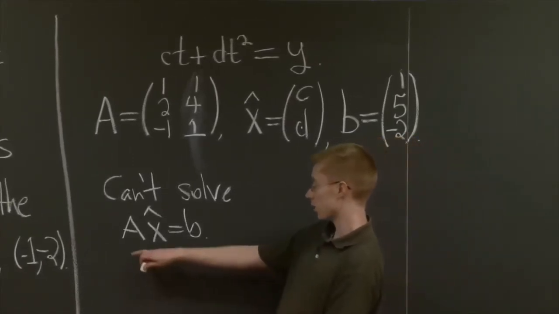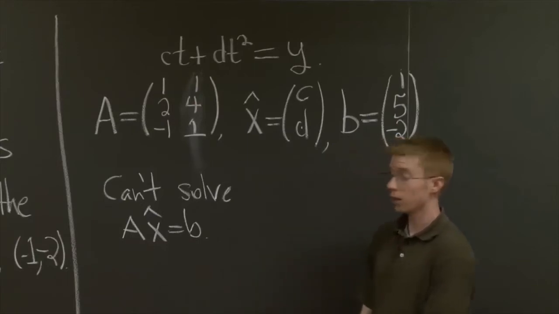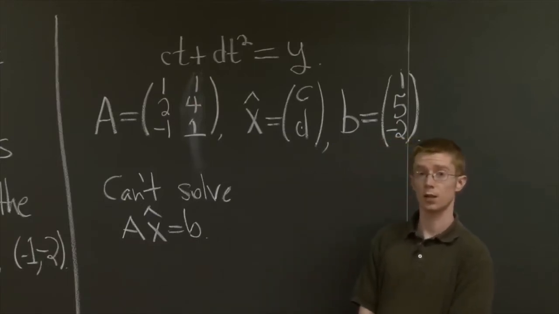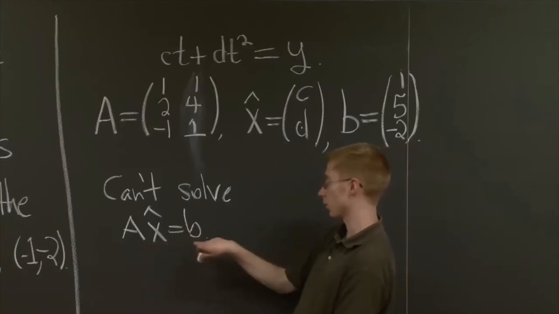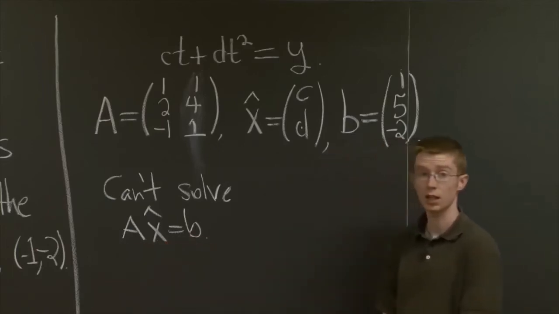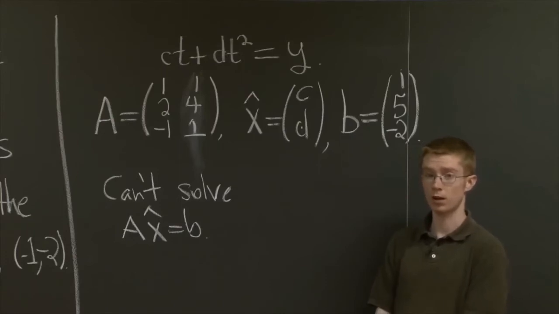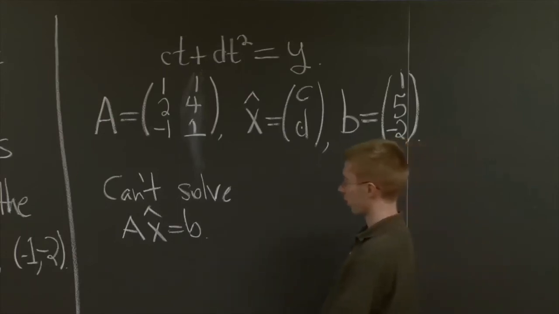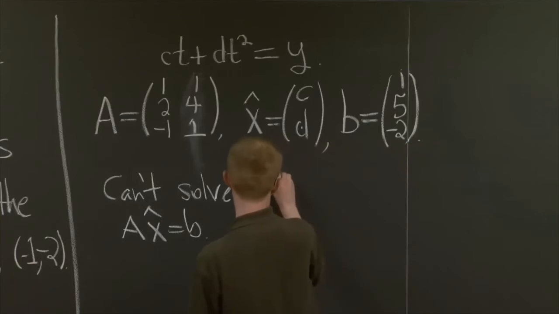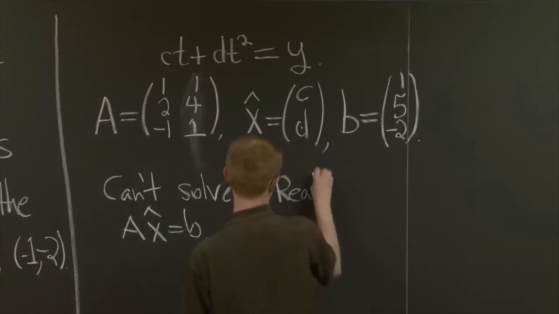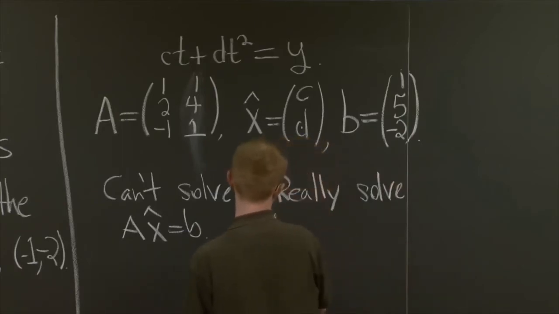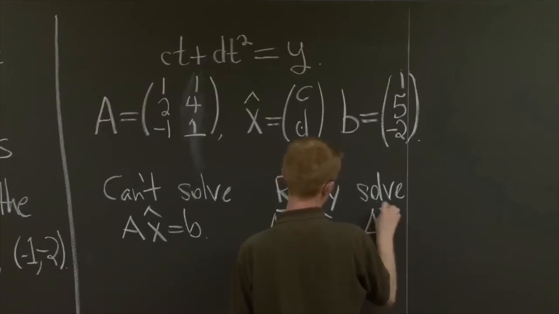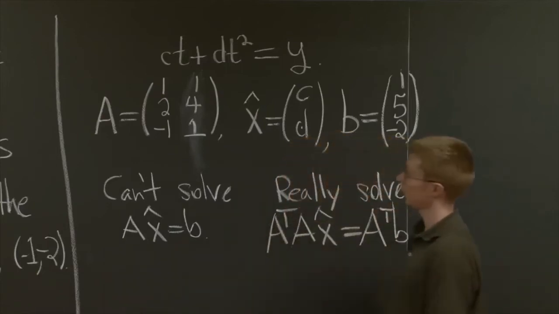So that's the same as solving A x hat equals the projection of b onto the column space of A. Because we only have a chance of solving A x hat equals something if it's in the column space of A. And remember from our projections part of the class that this is the same as solving A transpose A x hat equals A transpose B. Good.